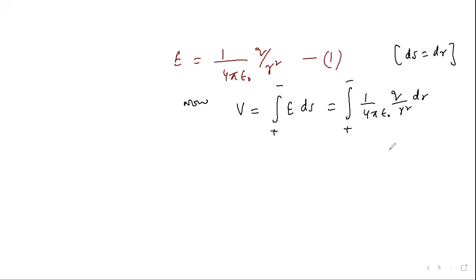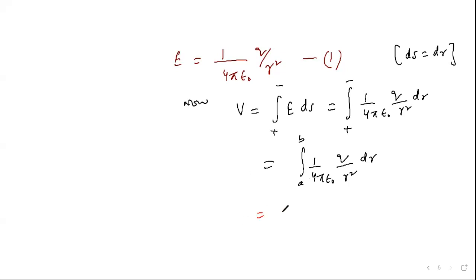The variable of integration is r. Therefore, what are the limits on the integral? a to b, 1 by 4 pi epsilon naught q by r square dr. So I take the constant out.